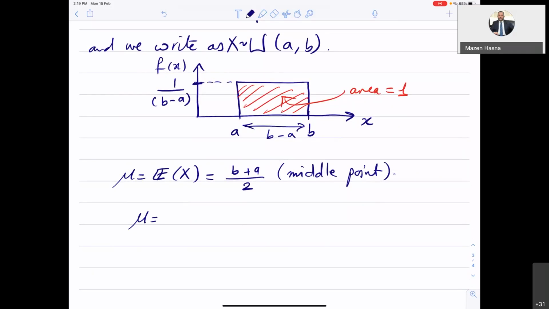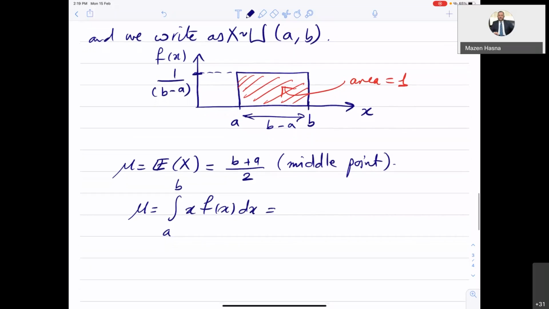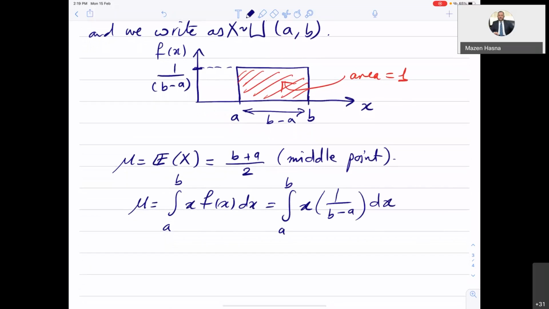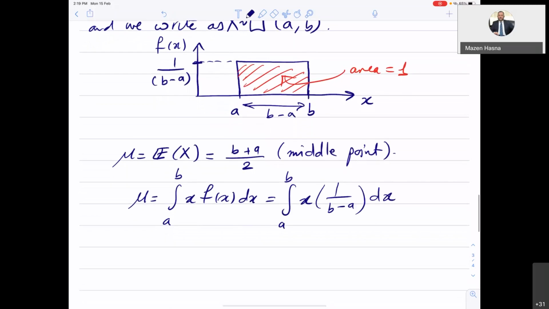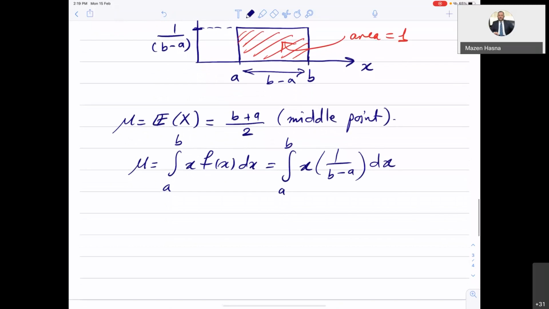But if you don't want that, you can just apply the rule of the mean, which is the integral of x f of x dx, which is very easy to prove in this case. So integration from a to b, x times f of x, and we know that f of x is 1 over b minus a, dx. So this is simply x squared over 2 times b minus a, from a to b.